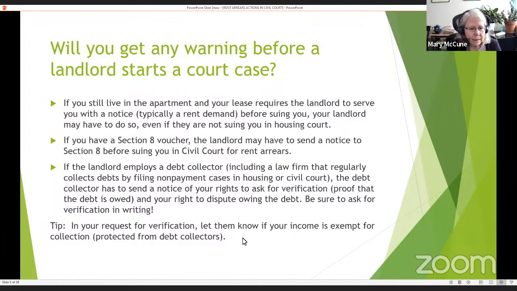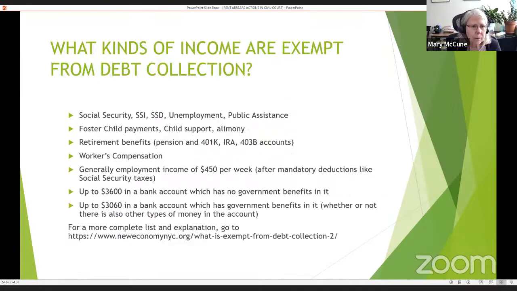One good idea is if you are going to request the verification, let them know if your income is exempt from collection, which means that it's protected from debt collectors by law. That may persuade them not to file a case in civil court against you, because if they can't collect the debt from your income, it's really not worth the time and effort to sue you.